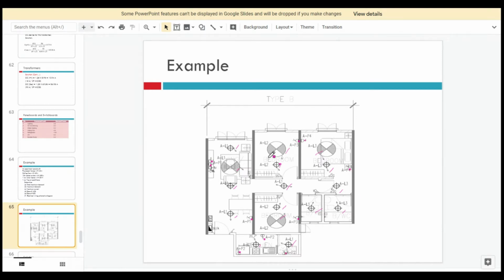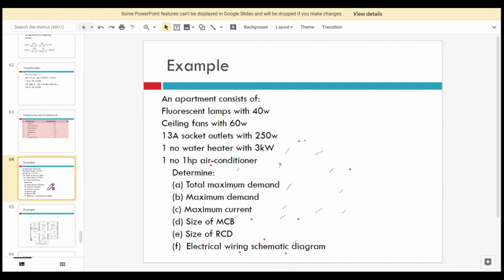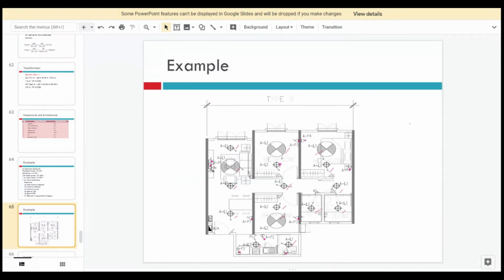Okay, so we have 10 SSO. And then 1 number of water heater and 1 of air conditioner.